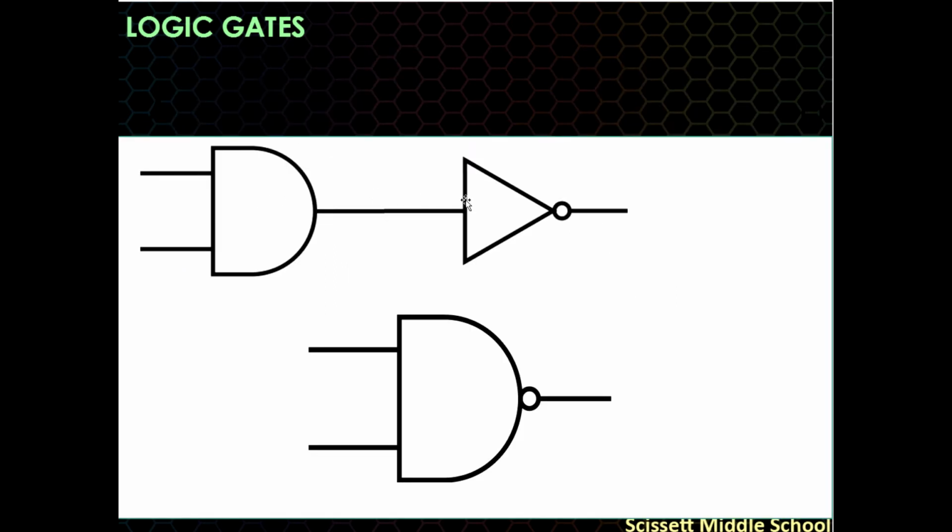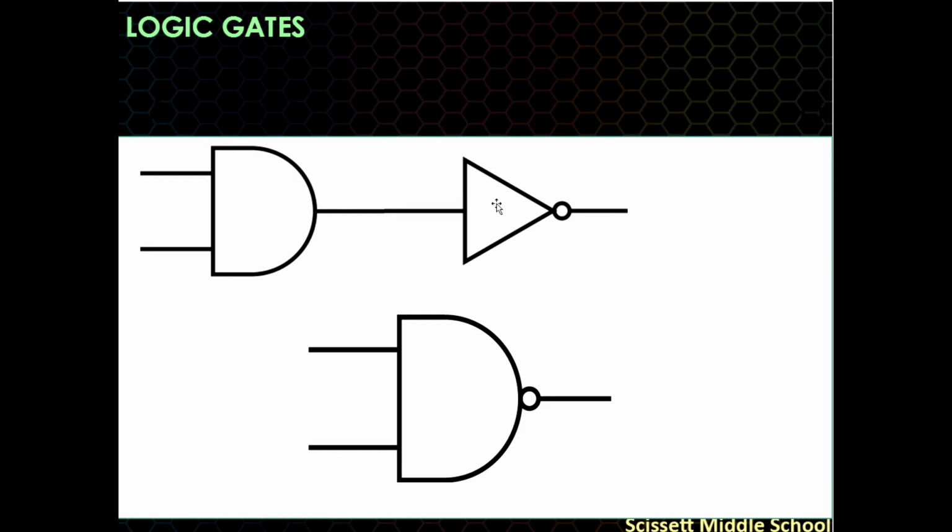When we join gates together, we get their opposite, or their NOT. So we've got our AND gate followed by a NOT gate. So instead of drawing the whole symbols there, we just draw the circle from the NOT gate here.